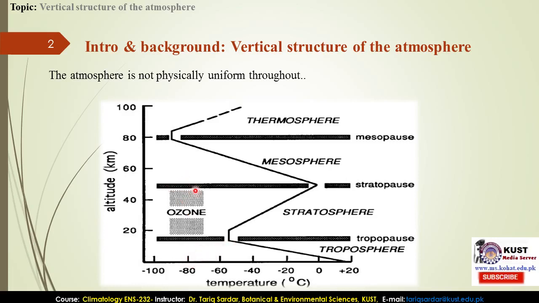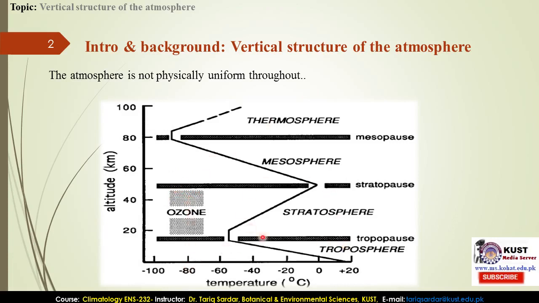The upper layer of the stratosphere makes the ozone layer, acting as a blanket to reflect the harmful rays while allowing the beneficial rays to pass through.